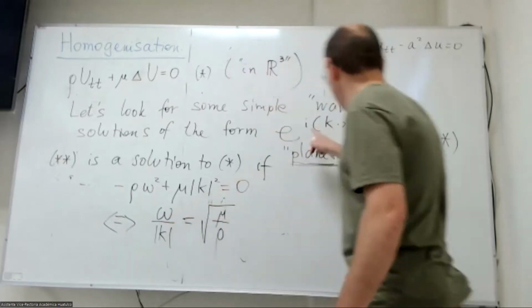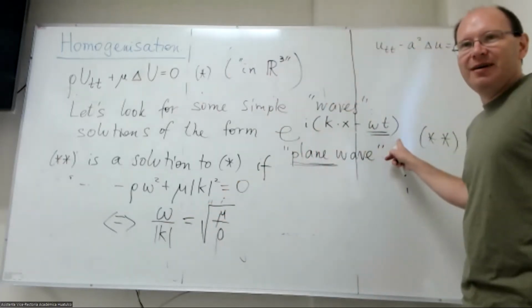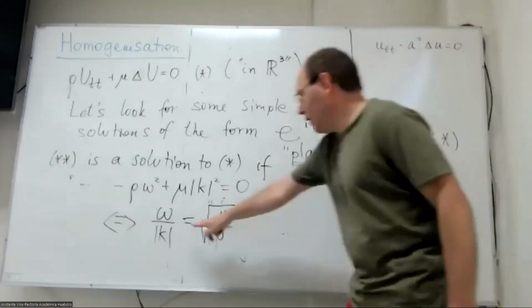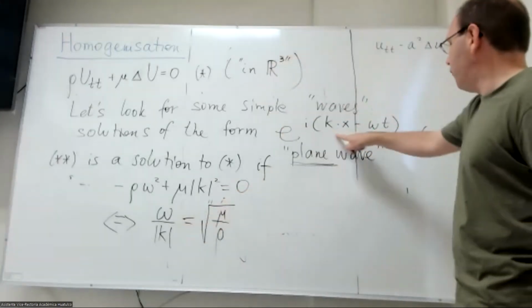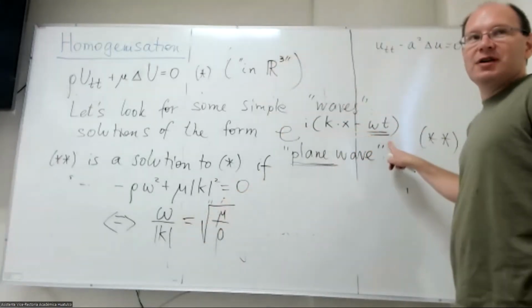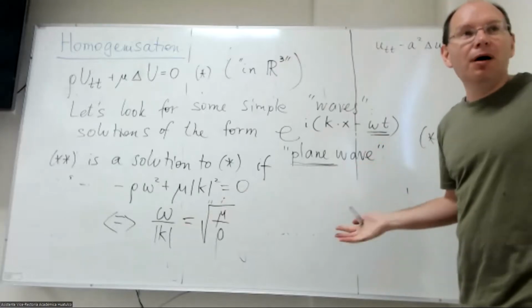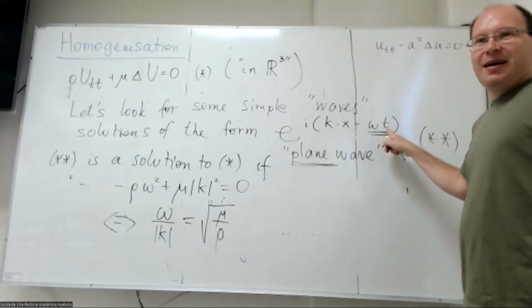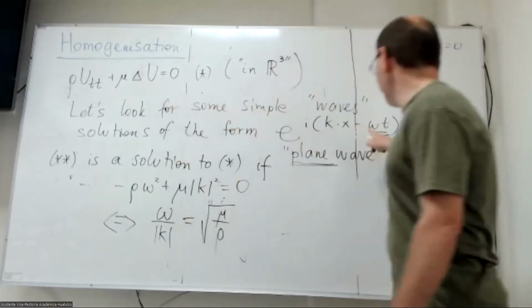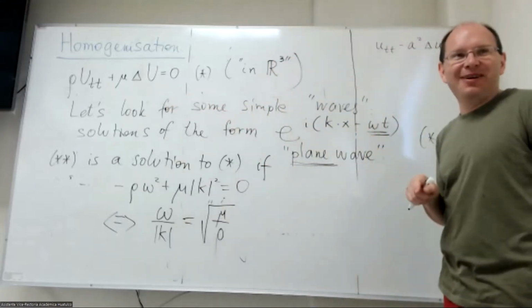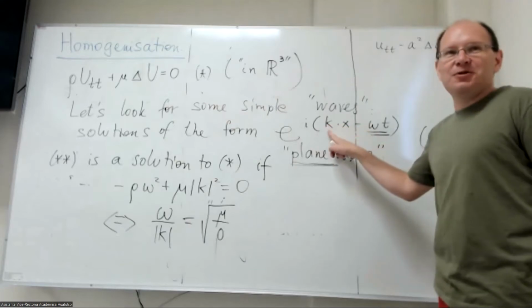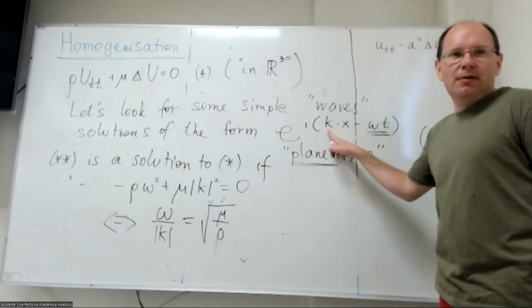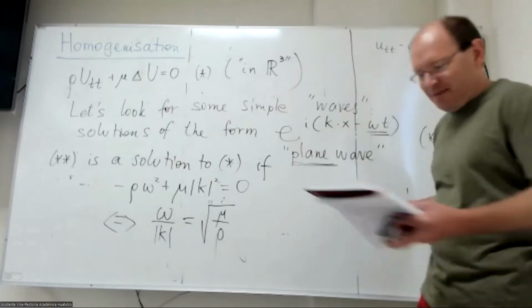But in order for this to be just a dimensionless constant number, if t is time, omega has to have dimensions of inverse time, and k has to have the dimensions of inverse space. There is no other way, right?